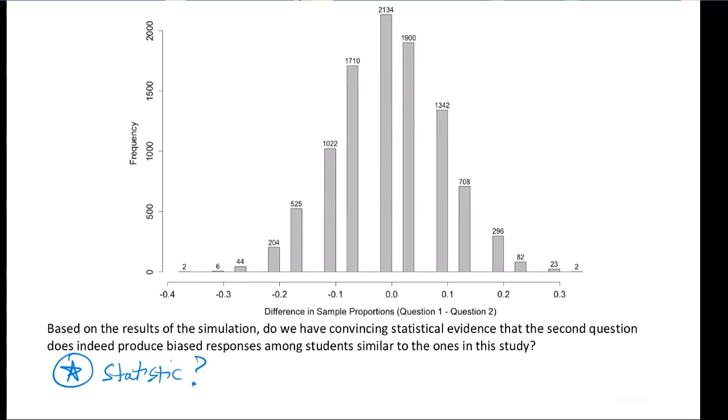The main thing here is, what is our statistic? That's the first question. When given a simulation, what's the statistic? And the statistic specifically we're looking for is, what was the difference in proportions that we actually observed? We observed a difference in proportions of 34%. So once you know that, that's really pivotal to be able to answer this question. It looks like 34% is way out here.